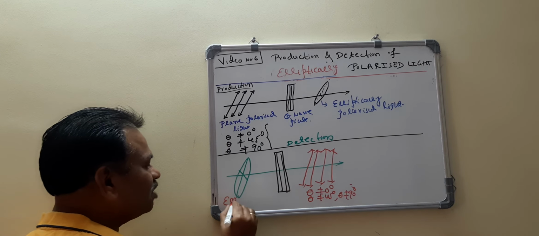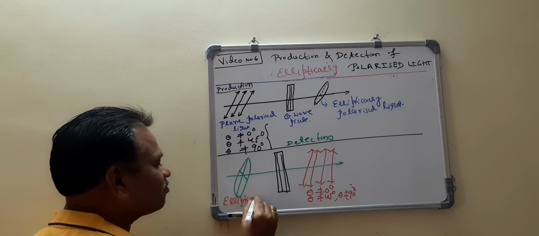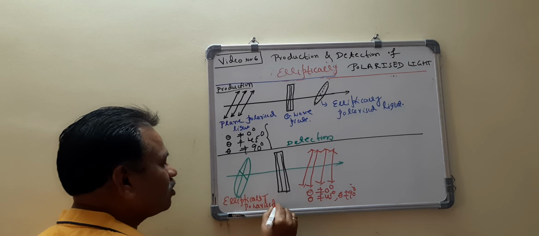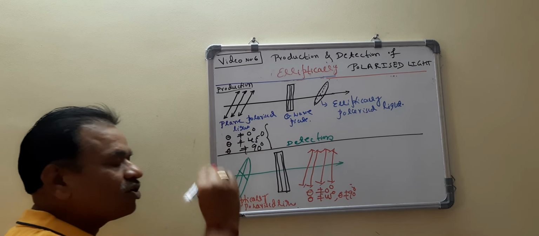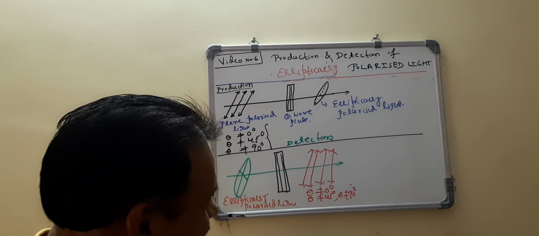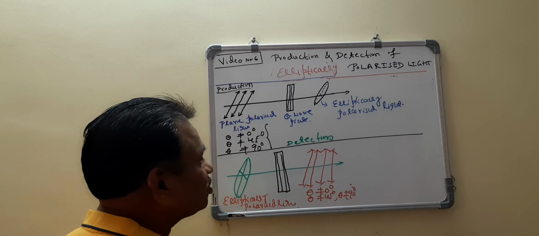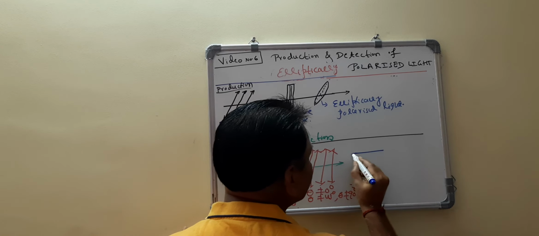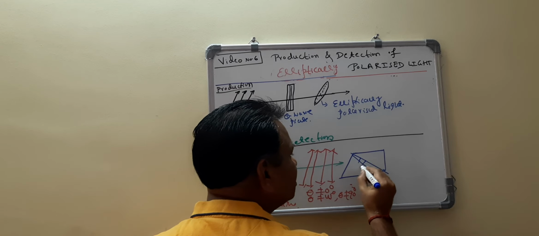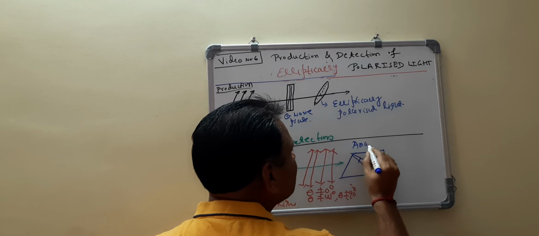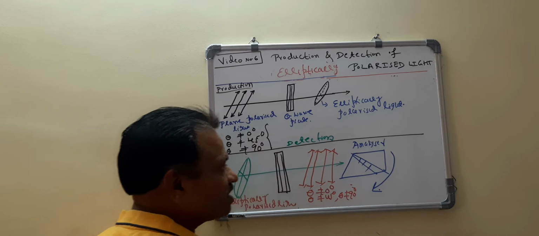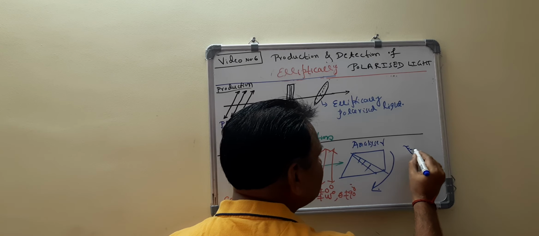This is elliptically polarized light passing through the quarter wave plate. Next, whatever light is there, I am observing through the Nicol prism. This Nicol prism I will call the analyzer. It is rotated. The observer is here.